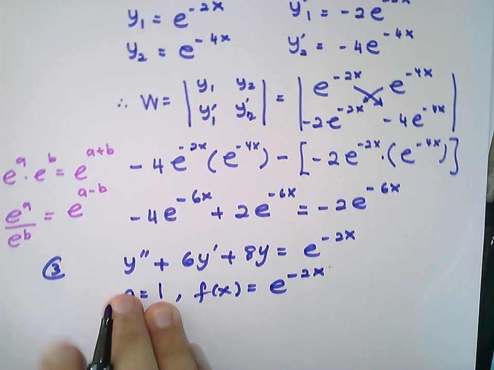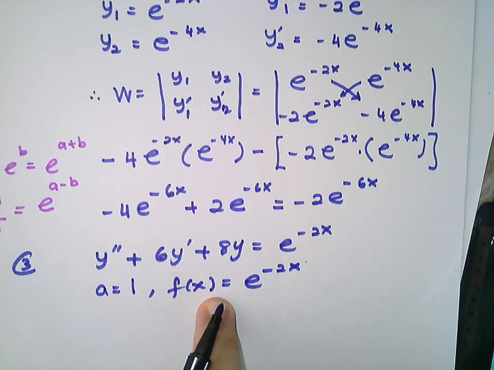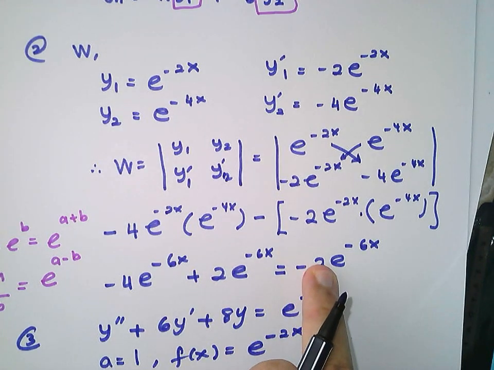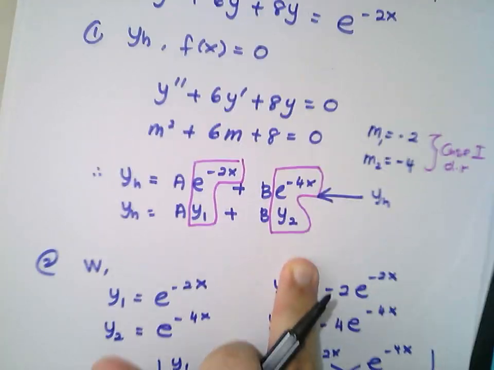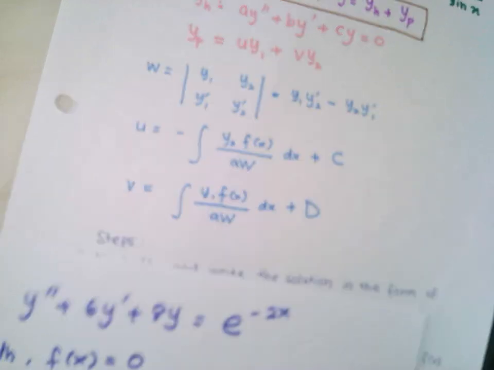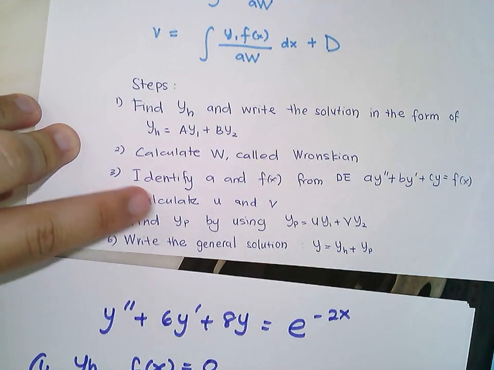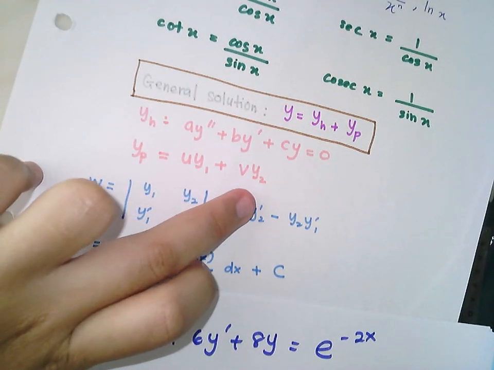Okay? So since you already have your a, your f(x), and your W that you calculated in the previous step, and your y1 and your y2 based on your yh, now you can proceed with finding your u and v. Why do we need to find this u and v? Because your yp is given by u y1 plus v y2.